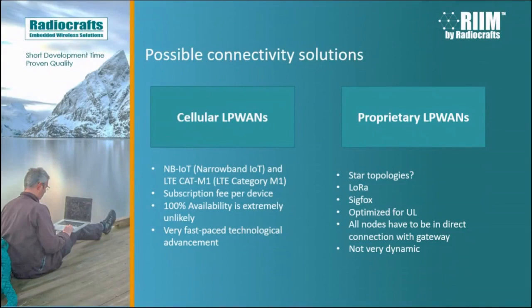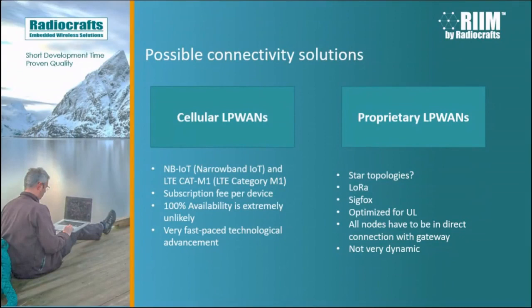With the proprietary LP-WANs, you have star topologies like LoRa or Sigfox, which are mostly optimized for uplink. That makes it not a very good fit for control networks, because control networks depend mostly on downlink.